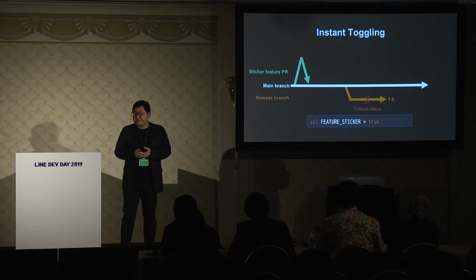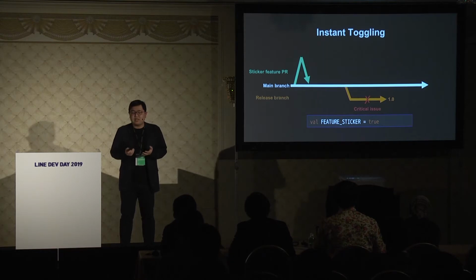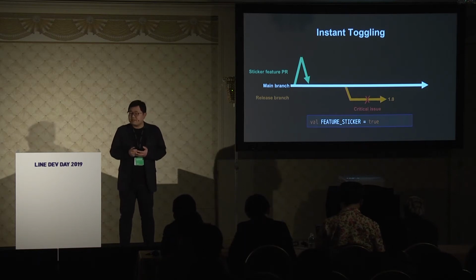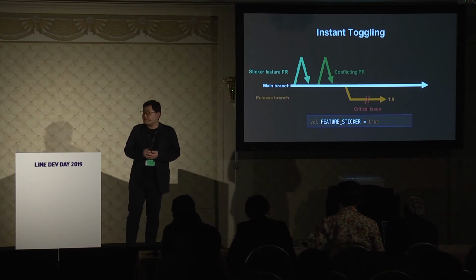In this kind of situation, on the version 1.0 release branch, we have to make all the sticker feature related changes removed. So the pull requests should be reverted, and all changes should be undone.